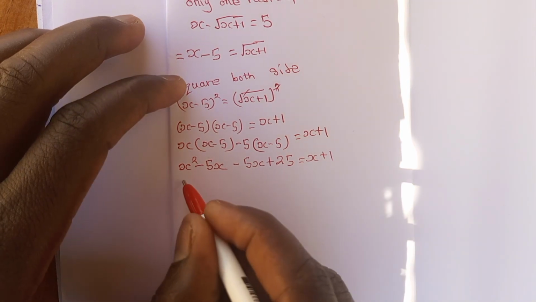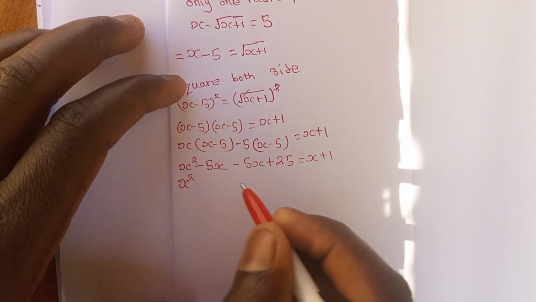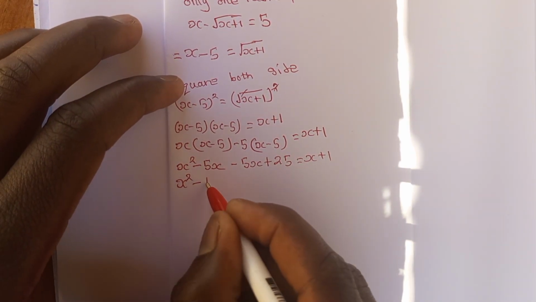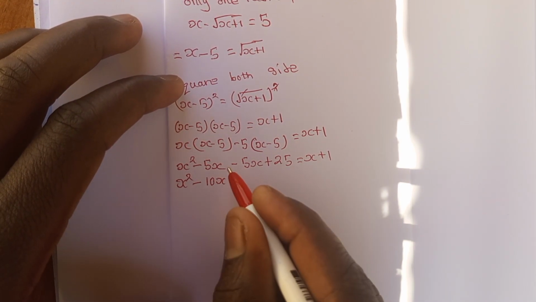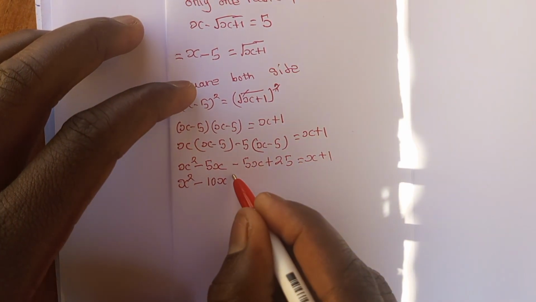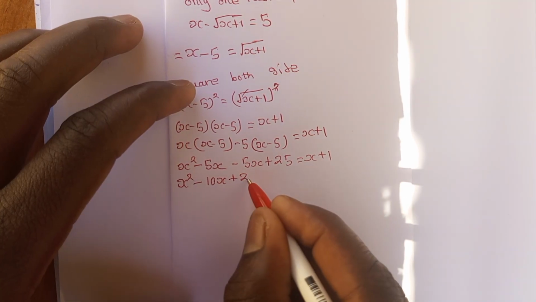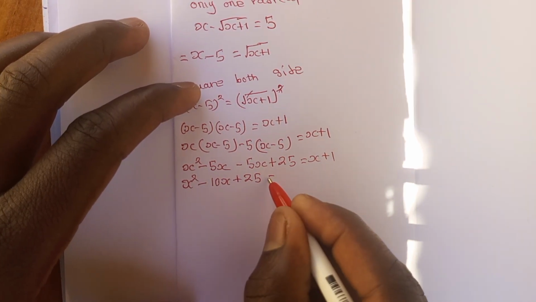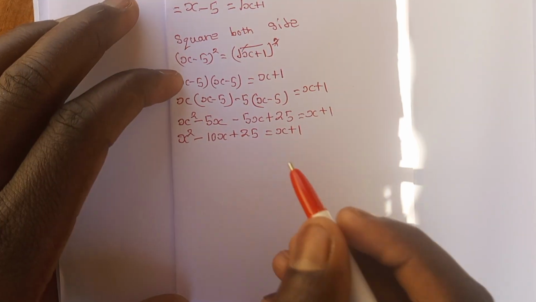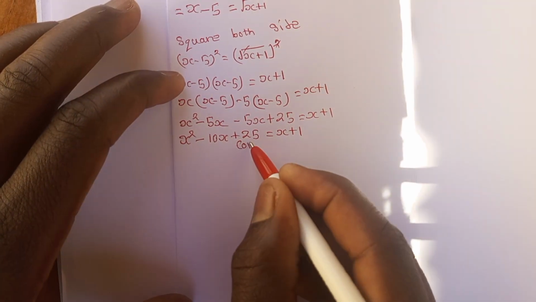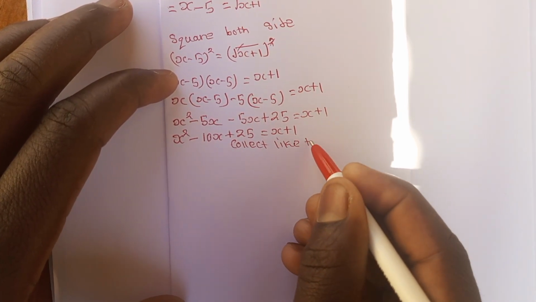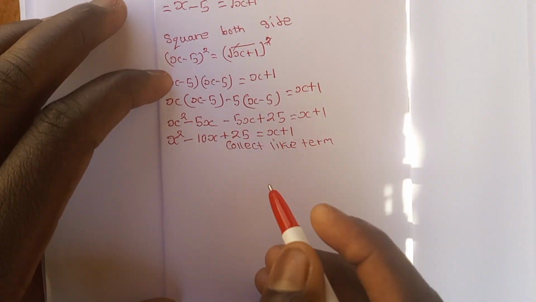So we solve. We say x squared minus 5x minus 5x, we are going to have 10x. Whenever the signs are the same, you take one sign, then you add the two numbers, plus 25 equals to x plus 1. So we continue, collect like terms.